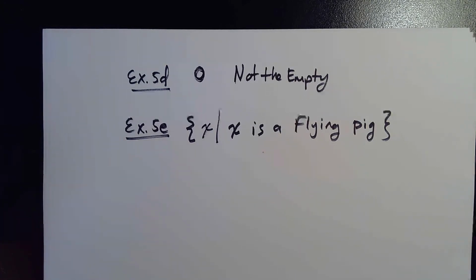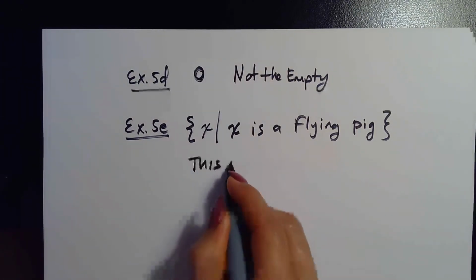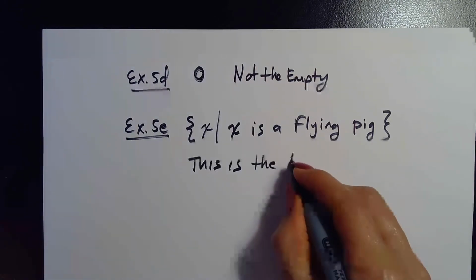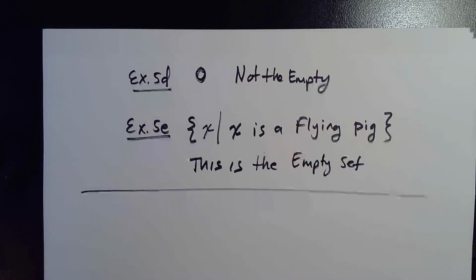We know that flying pigs do not exist as we know it today, so this set is empty for that reason, because there are no flying pigs. So this is the empty set. Another way to say this is this set is empty. Okay, so this is 5E.